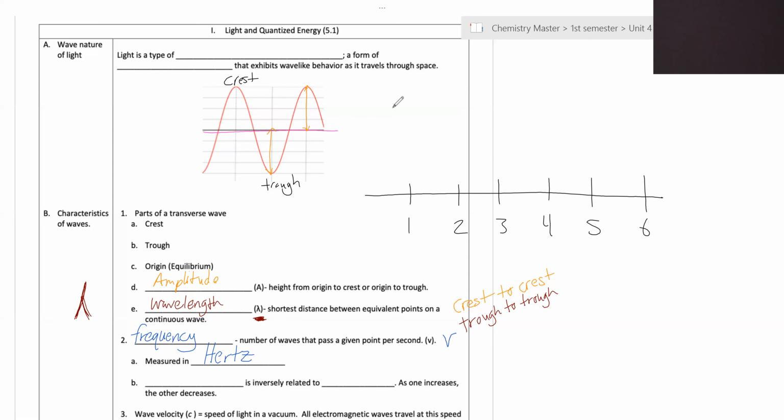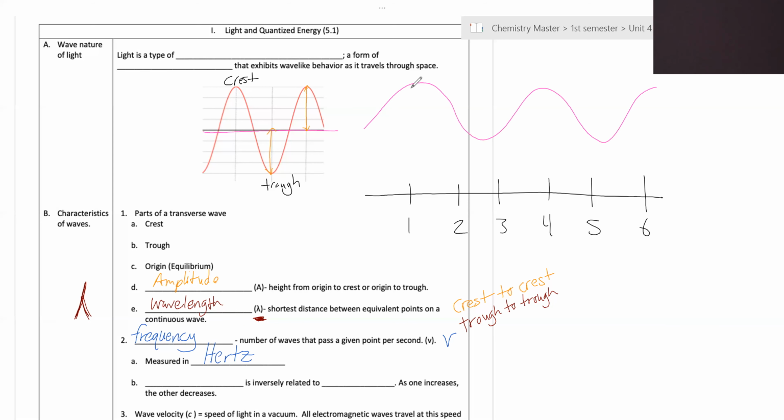You don't have to write this just yet. I want you to understand what frequency is first: the number of waves that pass a given point per second. So I could have a wave that went like this, and you can see how many waves would pass every second.